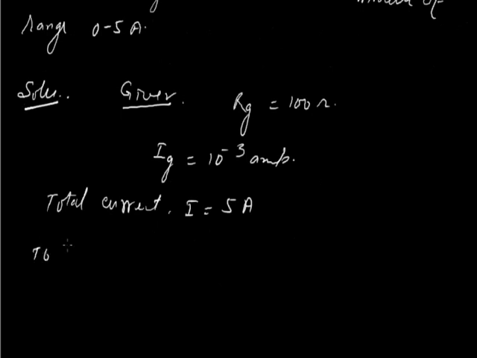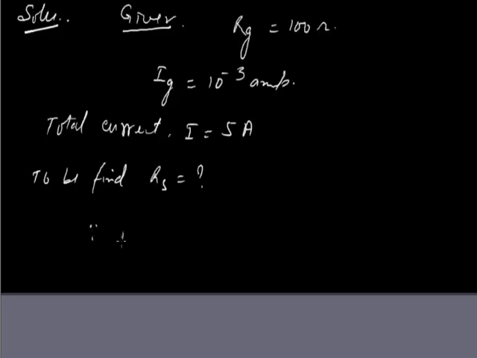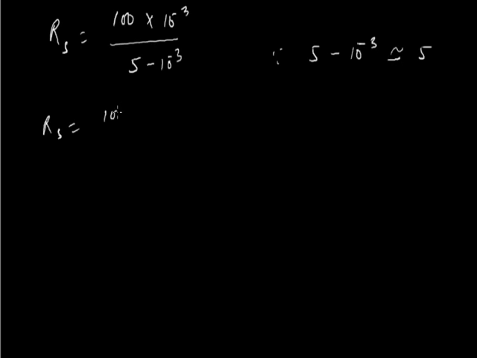Now to find shunt resistance Rs, Rs is Ig into Rg upon I minus Ig. The value of Rg is 100 into Ig is 10 raised to the power minus 3 divided by 5 minus 10 raised to the power minus 3.